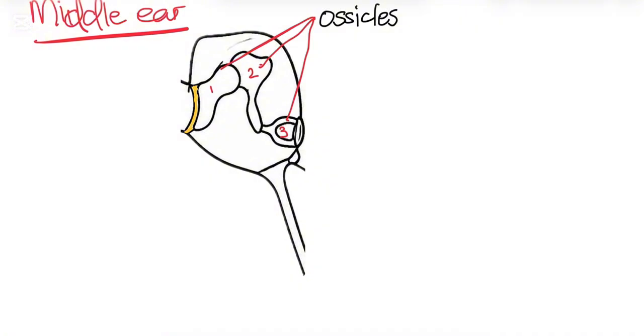Ossicles are very small bones. They are little bones. In fact, they are actually the smallest bones in the human body or in the human skeleton, and they are found in the ear, right? So from the tympanic membrane, we have the largest of the three ossicles, which is, I'm going to color it blue, this one.